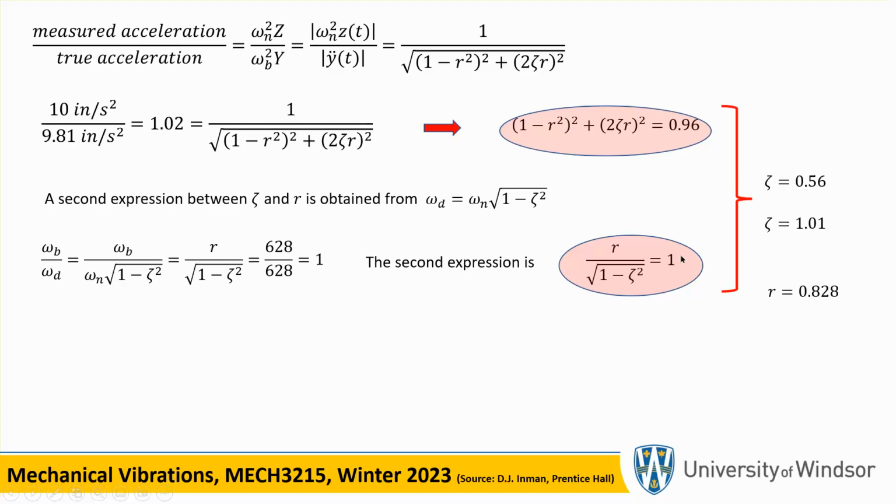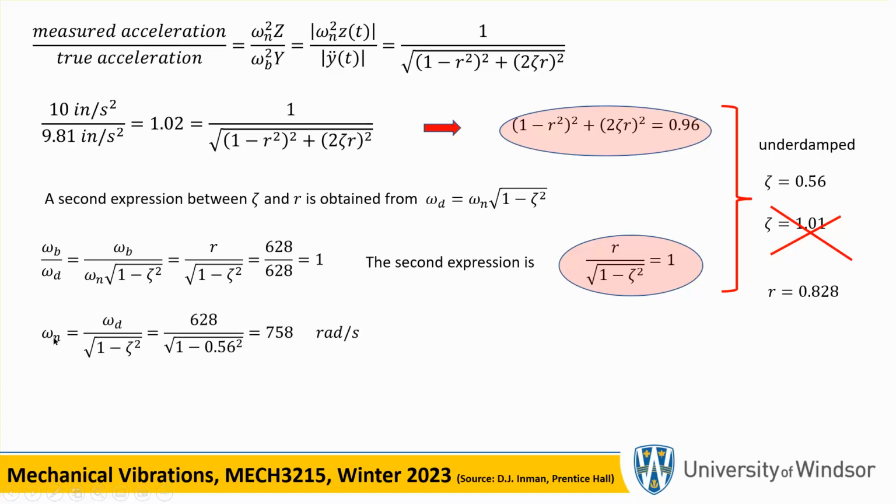If you solve these two together, you get two values for zeta. But we throw one away because we're interested in the underdamped case, and of course you get the value of r. If you have zeta and r, you can find the C and the K. First of all, if you have zeta, because omega d was given to you, you can find the natural frequency, 758.